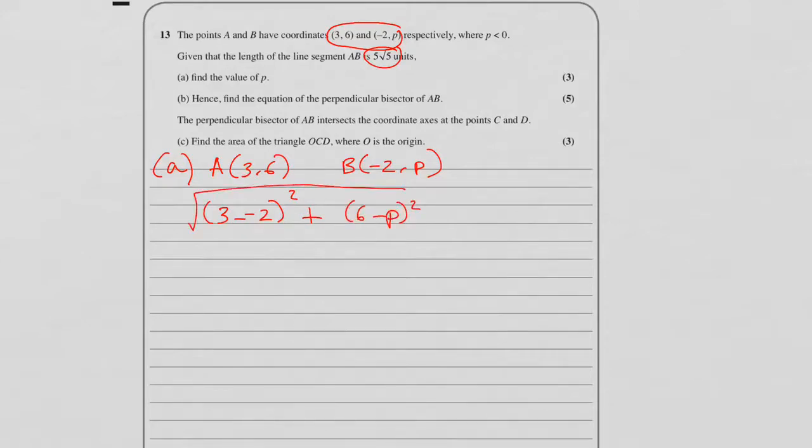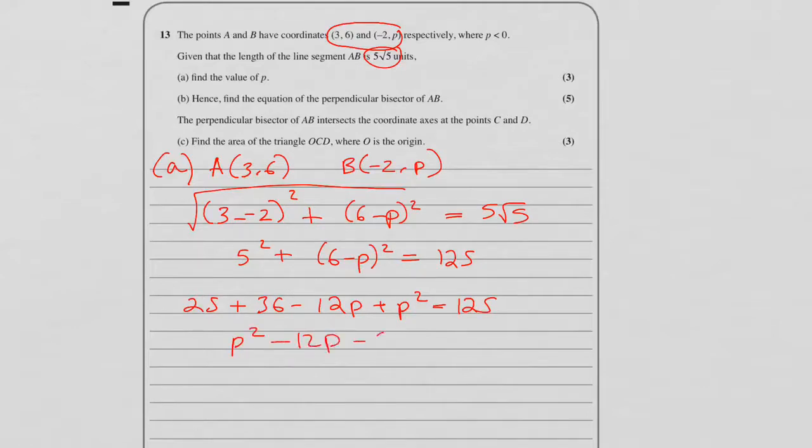And that should be equal to 5 root 5. I'm going to square both sides. 5 squared plus 6 minus p squared equals 125. So that's both sides squared. You can then expand all of that and we get a lovely quadratic in p. It simplifies down to p squared minus 12p minus 64 equals 0. Simplifies beautifully.